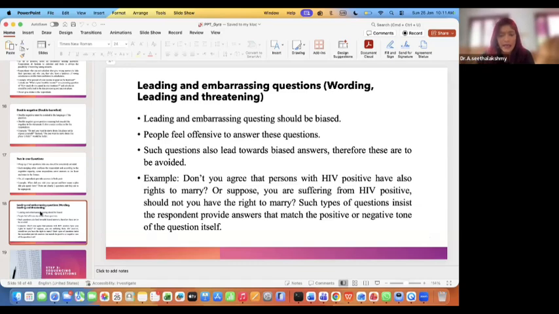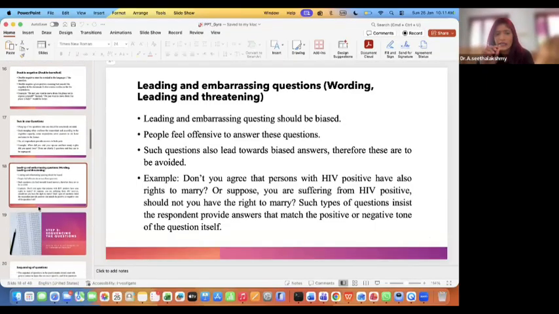So please frame questions in such a way that a positive or negative tone in the question itself is avoided. You should give very clear clarity in such a way that people don't get offended with whatever you ask. Leading or embarrassing questions should be avoided. So these are the common things. If you refer to any book, we generally look into these things.